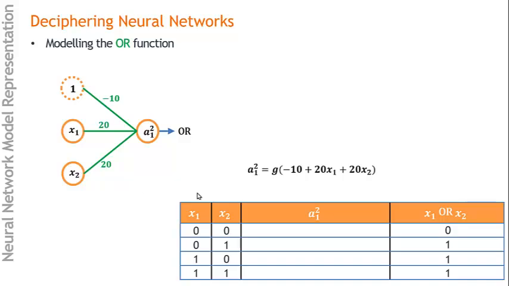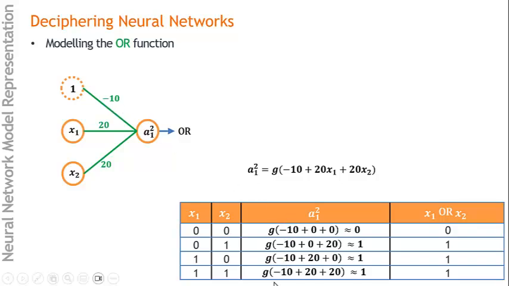If x2 and x1 are both 0, then the minus 10 takes over, and I get a 0 output. But if either x1 or x2 is 1, it overwhelms the weight from 1 and gives me a 1 output. Again, this is g of minus 10, which is close to 0. This is going to be g of 10, which is very close to 1. This is g of 30, which is very close to 1.